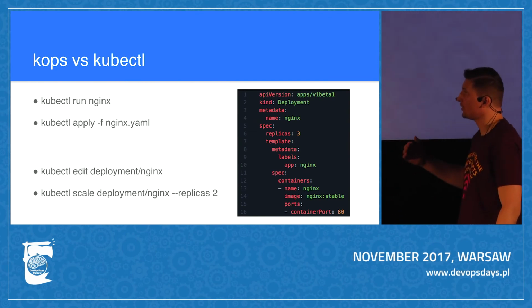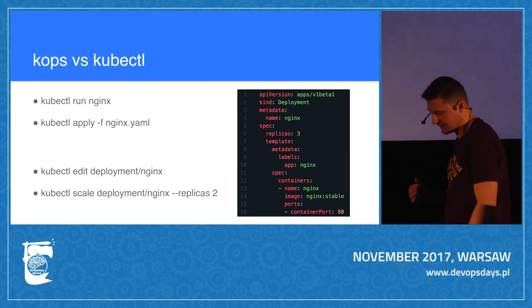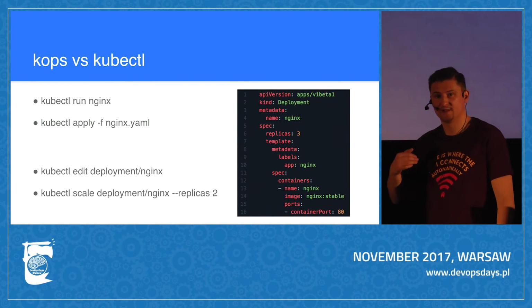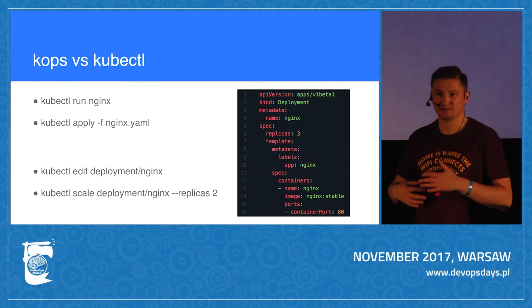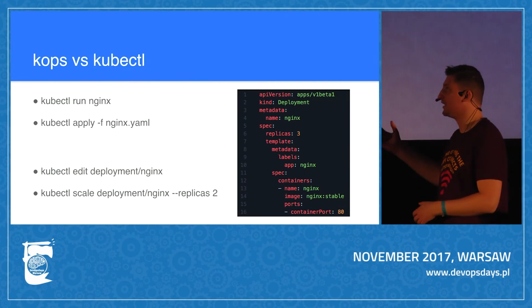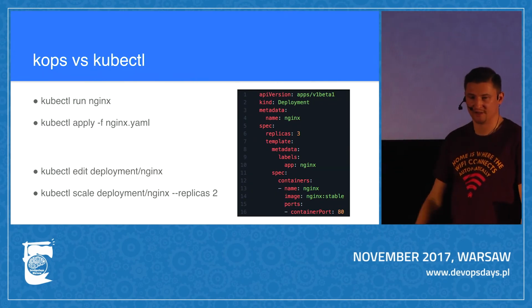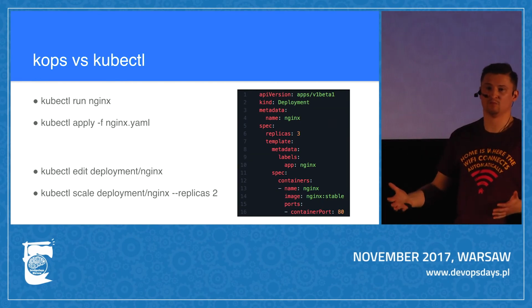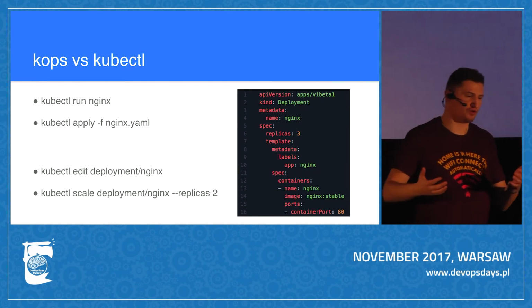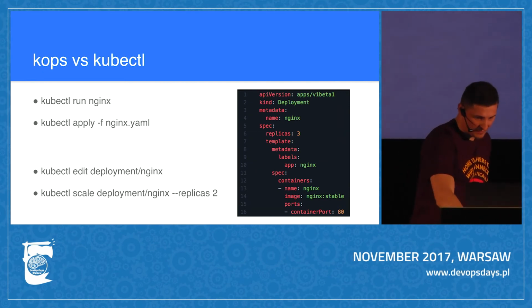So kops extends the specification of objects and allows us to interact with the cluster similar to the kubectl command for managing the Kubernetes cluster. So this is an example of how we can run some pod inside the Kubernetes cluster.